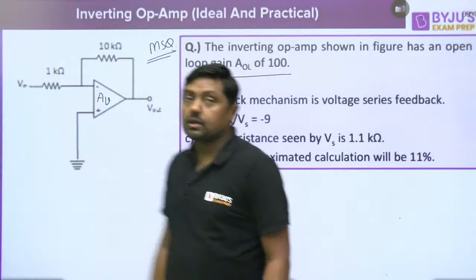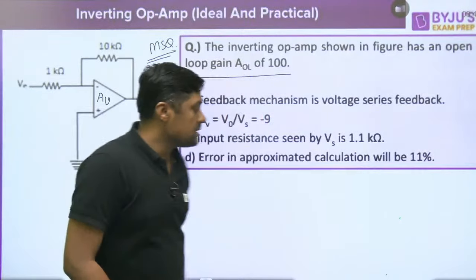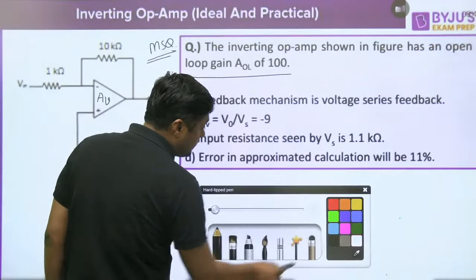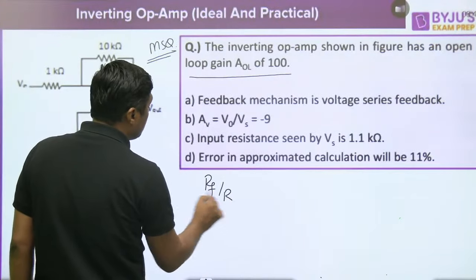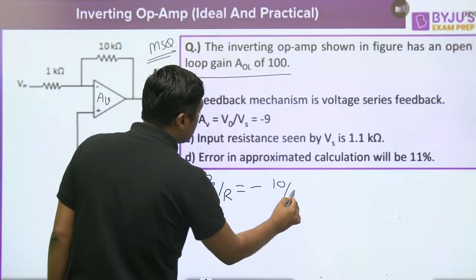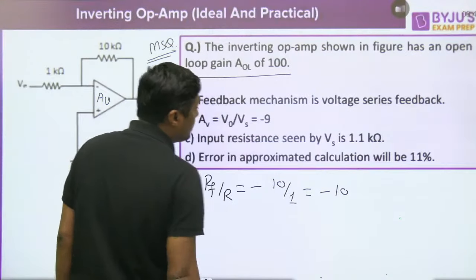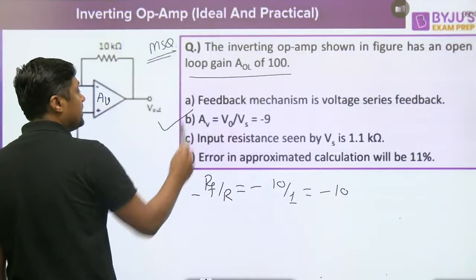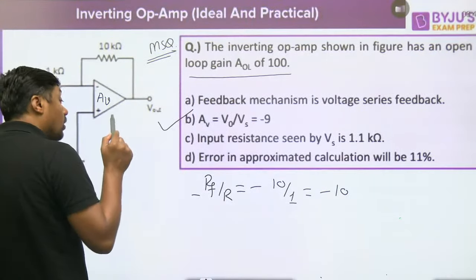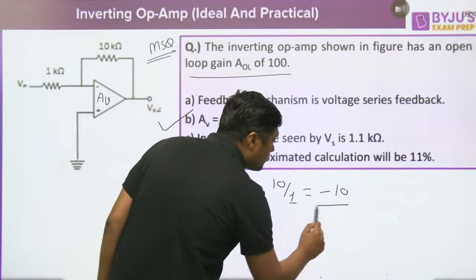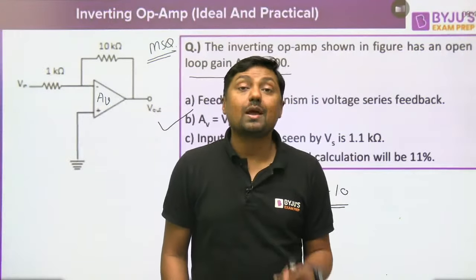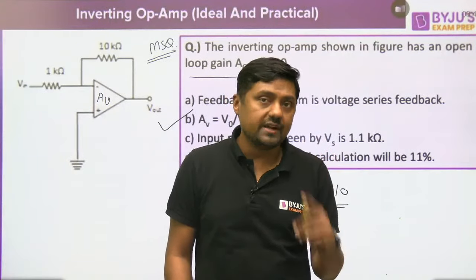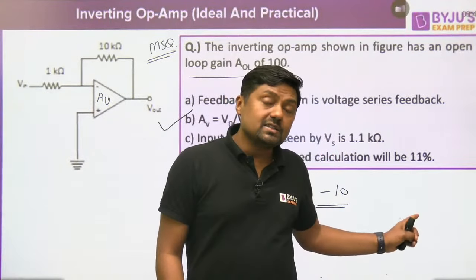Now new students will simply give the answer, sir, the answer for this question is minus RF by R1, minus 10 by 1, that is equal to minus 10. But here we are getting minus 9, and that is correct. This is approximate analysis. When we use the virtual short concept, that is called approximate analysis, we are assuming the ideal operational amplifier, and that result is minus 10.